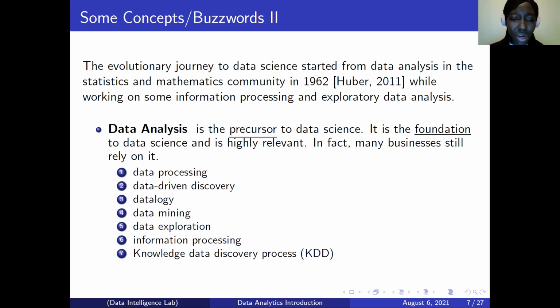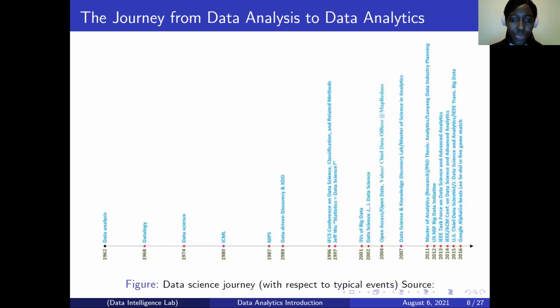So what we are trying to explain here is that data analysis is very important and also very basic to getting to data analytics, which is in the space of data science. So this is a clear history of how data analysis transformed into data analytics.